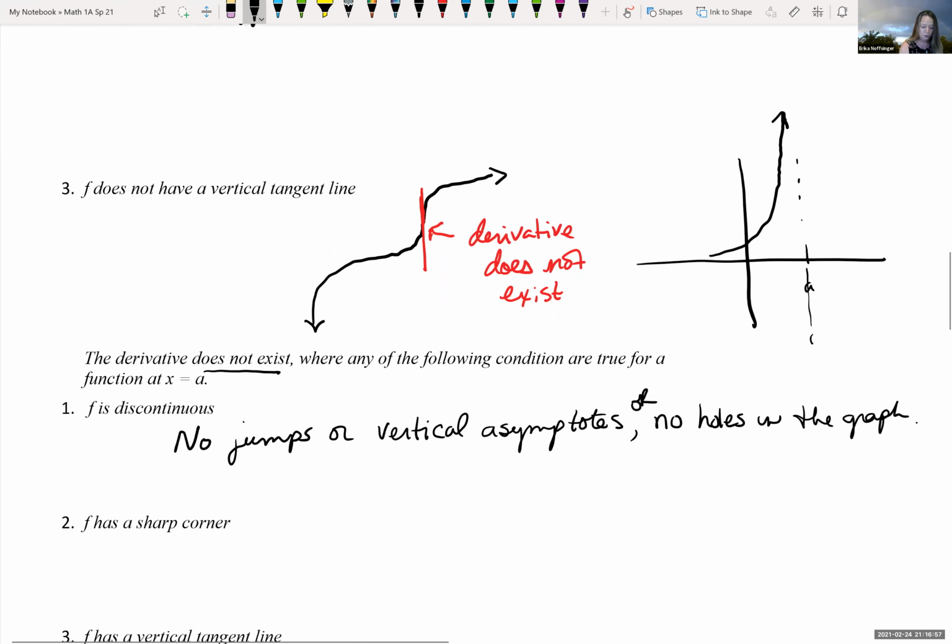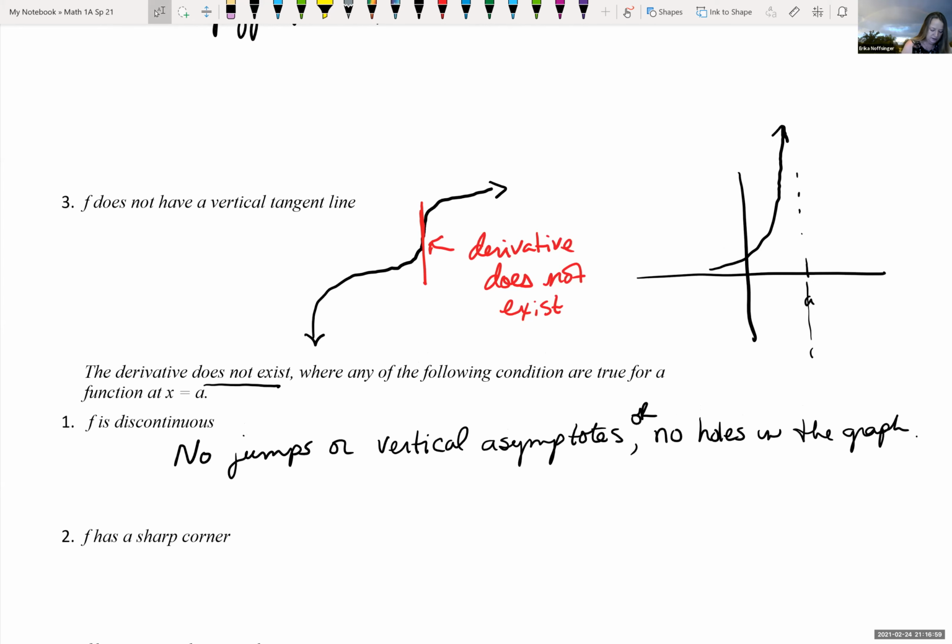You can't have a sharp corner. So if we had something like this, at this value where it has this sharp corner, the derivative does not exist. It's continuous there, but the derivative does not exist.